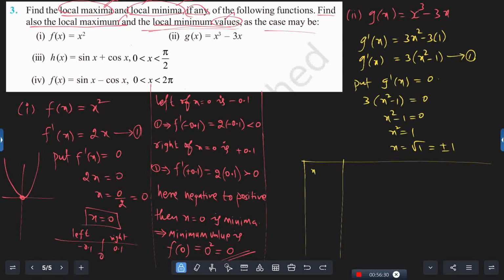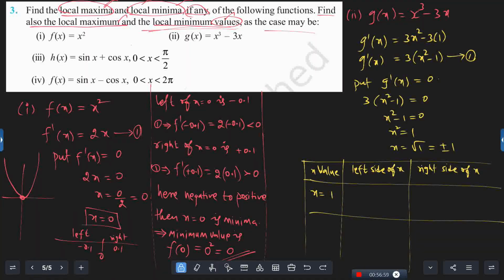First the x value, then the left side of x and the right side of x. Listen. The x value I am taking first is 1.